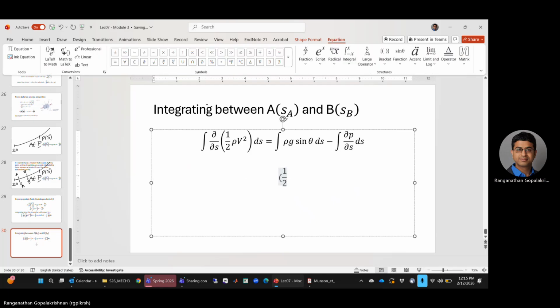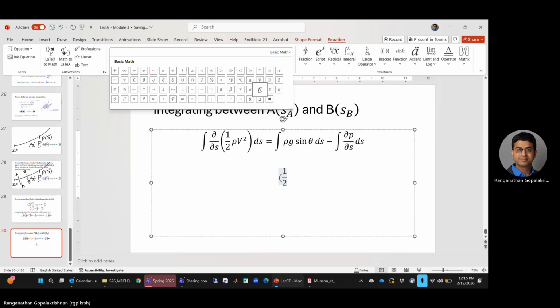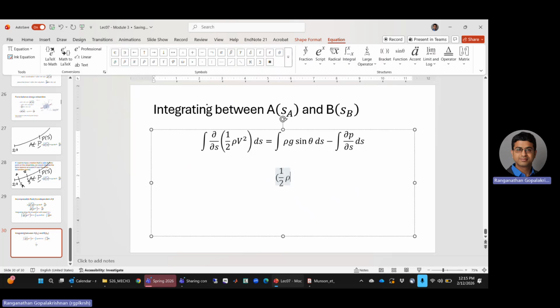half rho v squared at the coordinate SB minus what? Left hand side. Just think about left hand side.